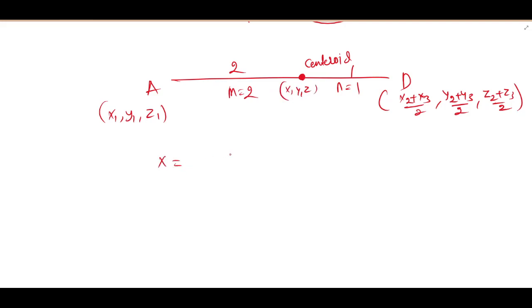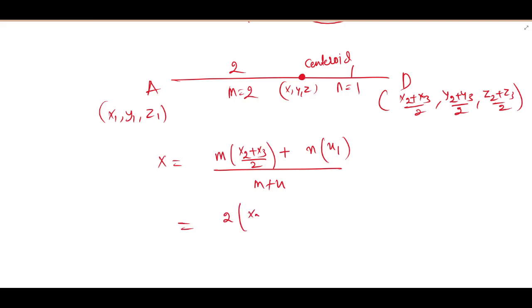Therefore x is equal to (m times the x coordinate of point D plus n times the x coordinate of point A) divided by (m plus n), which is (2 times (x2 plus x3) by 2 plus 1 times x1) divided by (2 plus 1).